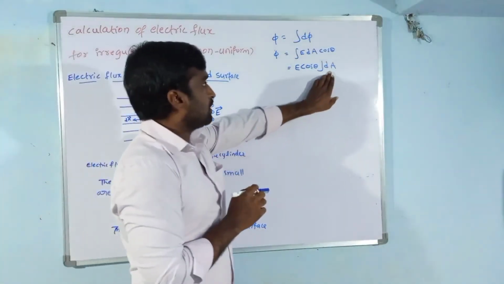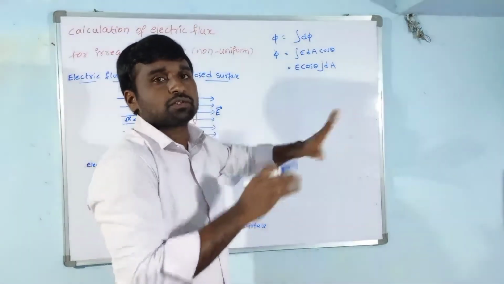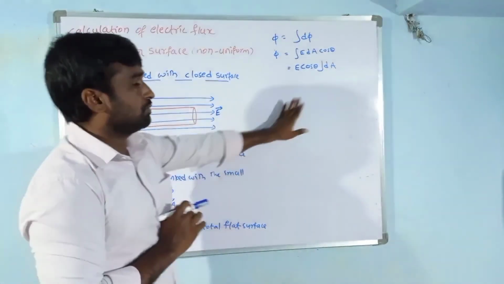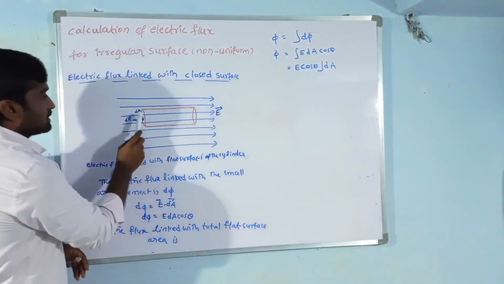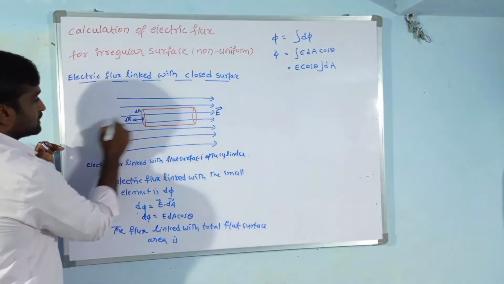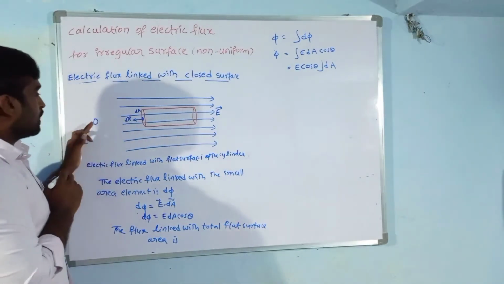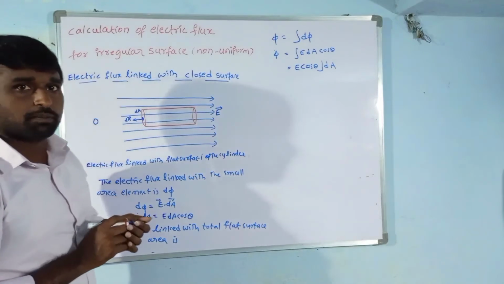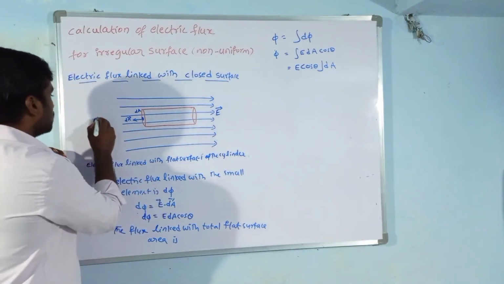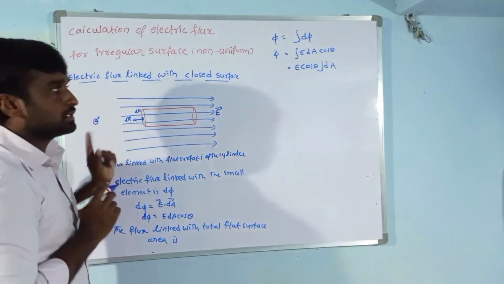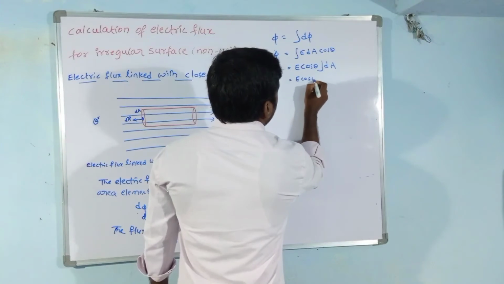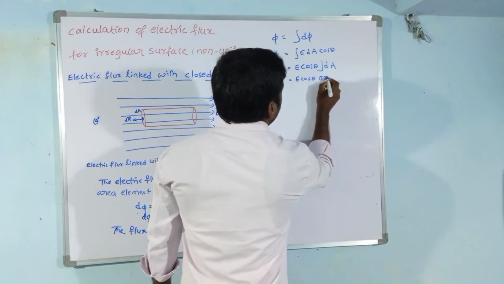When we add all the small area elements, it gives the total area of the flat surface. This looks like a circle. What is the area of the circle? That is pi r square, where the radius of the circle is r. So E cos theta pi r square.